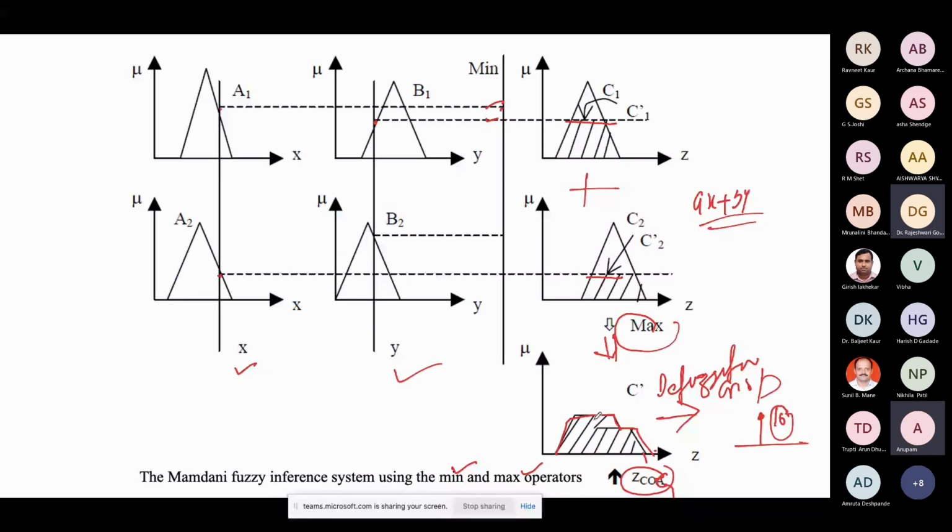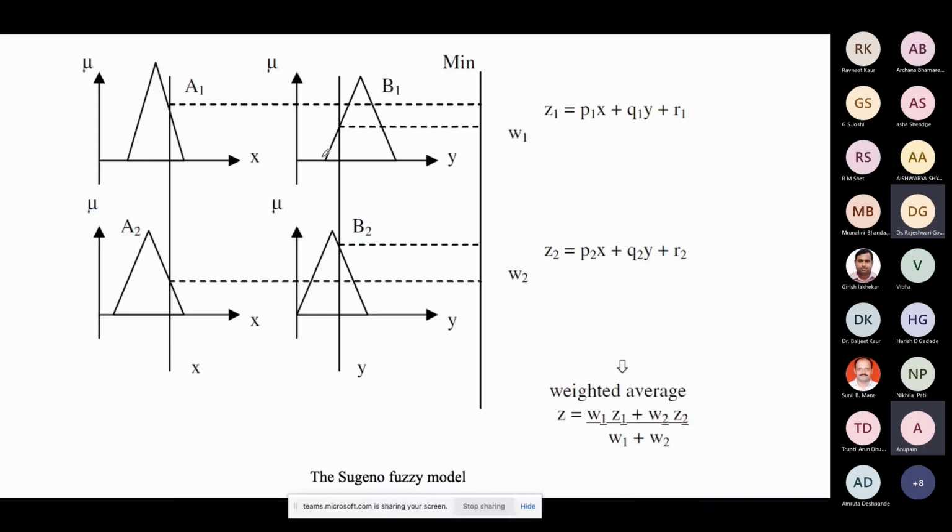The next approach is the Sugeno fuzzy model approach. What is the Sugeno fuzzy model? Here we can see again this one and this one, so a minimum operation, right? So what is W1? W1 is based on this one. So the output will be P1 X plus Q1 Y plus R1, where P1, Q1 and R1 are constants, right? This is the Z1.